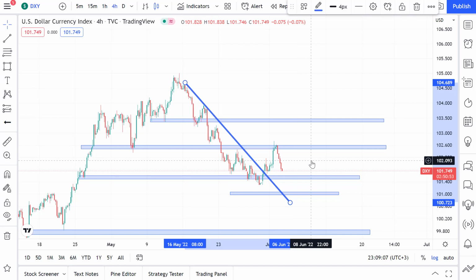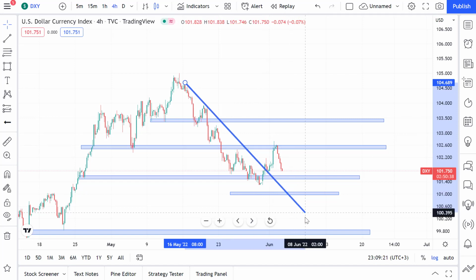It might be tomorrow, and tomorrow we will have a great indicator from the United States which can move this DXY. And we should wait, and you can see the next supports and resistance have been drawn for you, and you can easily use them.